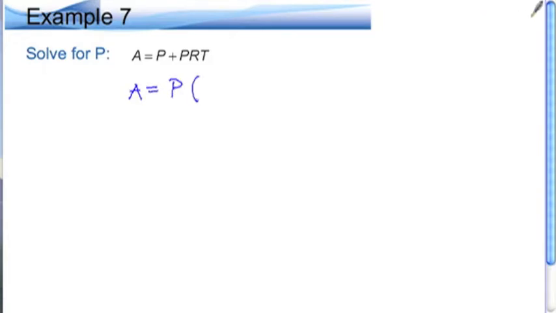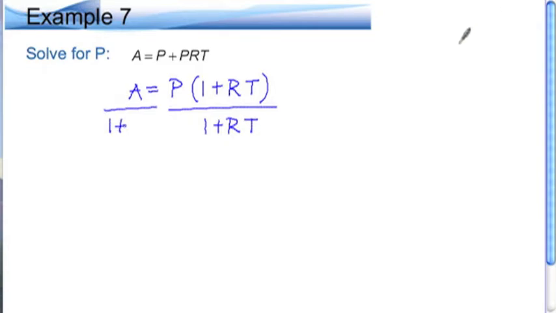And that leaves us with 1 plus RT in parentheses. Now that we've done that, the p is sort of by himself here, and we can divide both sides through by 1 plus RT. That means that these terms cancel, and I'm left with p equals a over 1 plus RT.